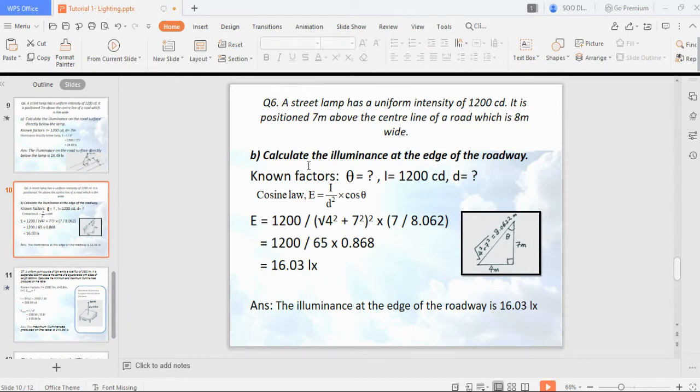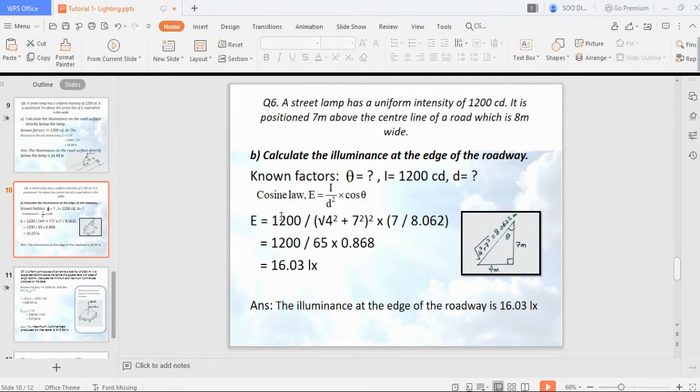Part B is to calculate the illuminance at the edge of the road. So you know the road is 8 meters wide, 4 to the left and 4 to the right. So the furthest away it is, which is 4 meters, you have to use the triangle law. So you can have a look back at the triangle law, how the methods are like.